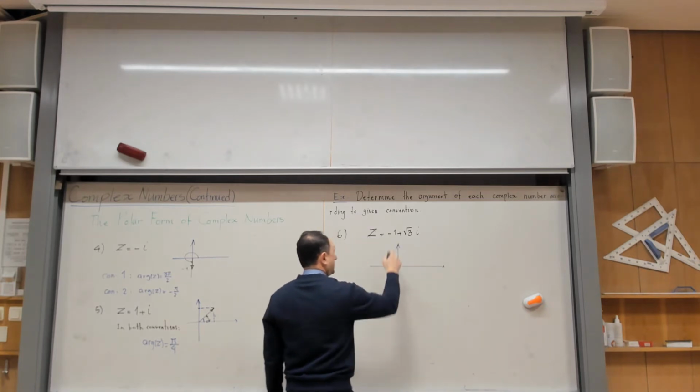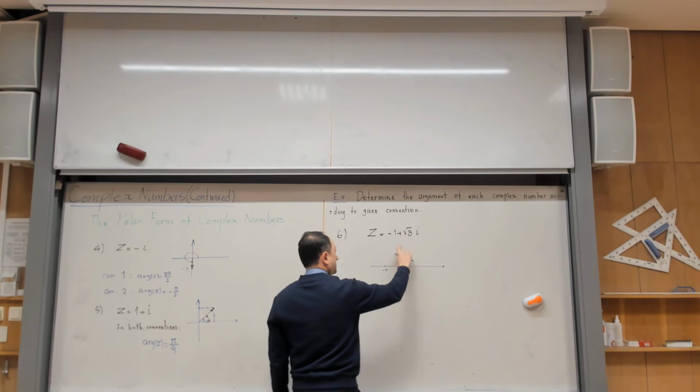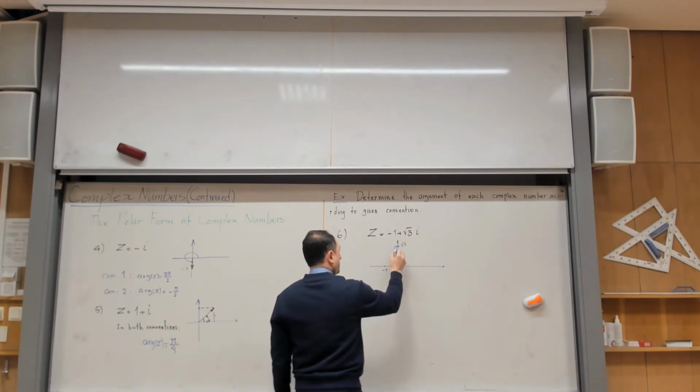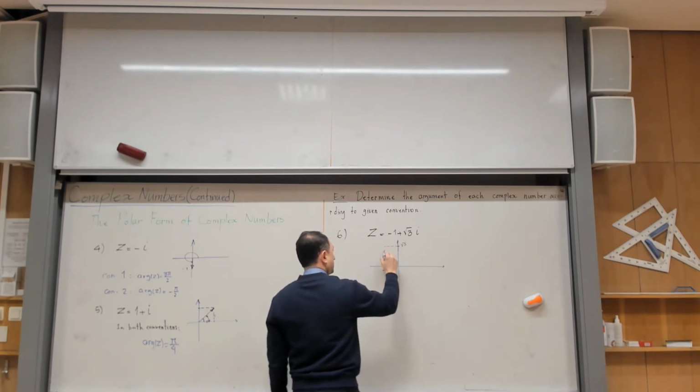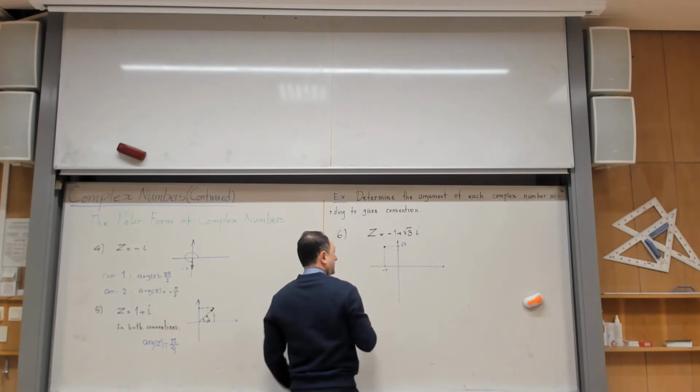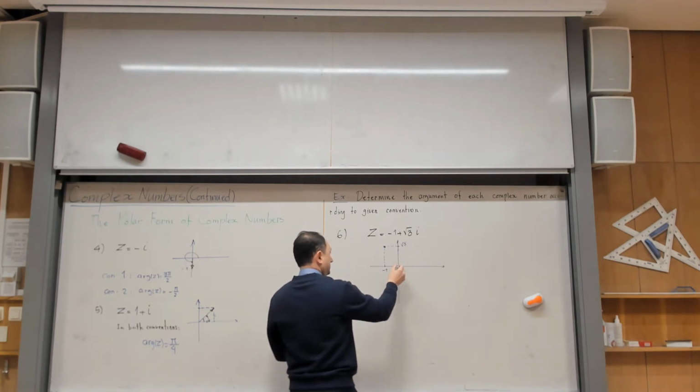So the real part is negative 1. The imaginary part is the square root of 3, which is a little bit larger than this one. So if this is 1 unit, this is somewhere, for example, the square root of 3. So the point that you have is this. And then this is your vector.